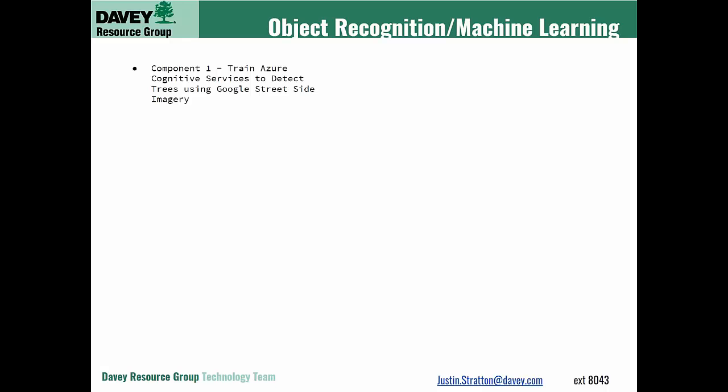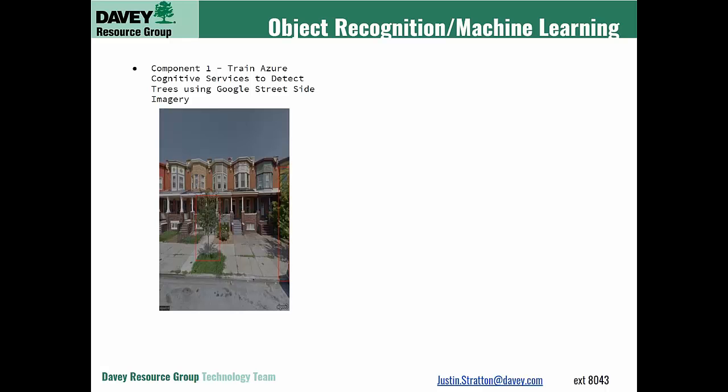What the ultimate goal was, it was broken down into three different components. Component one was training Azure Cognitive Services to detect trees using Google Street Side imagery. So using the street side imagery to have Azure be able to identify there's a tree there and draw a box around the tree, as shown here.